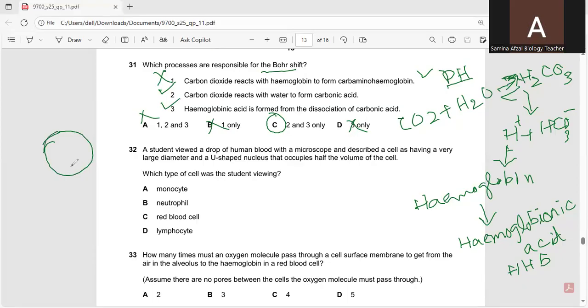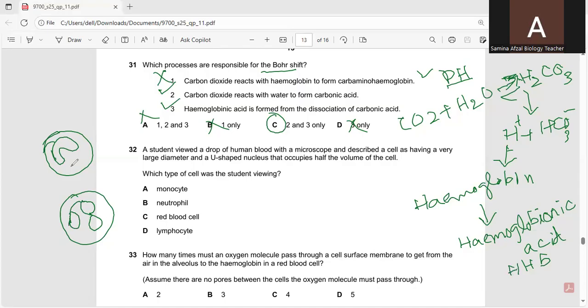They have a U-shaped nucleus. Then neutrophils have a many-lobed structure.